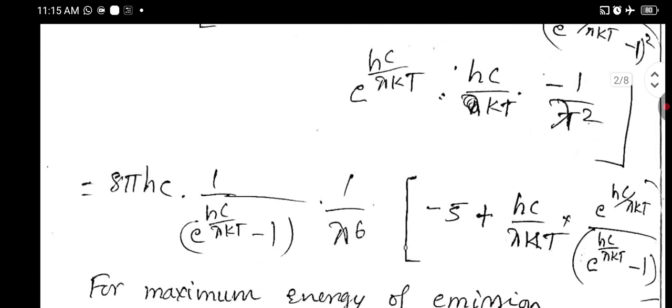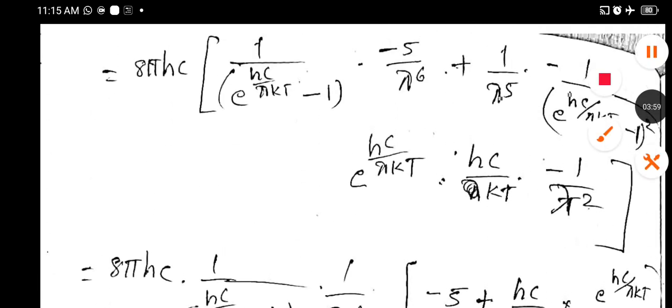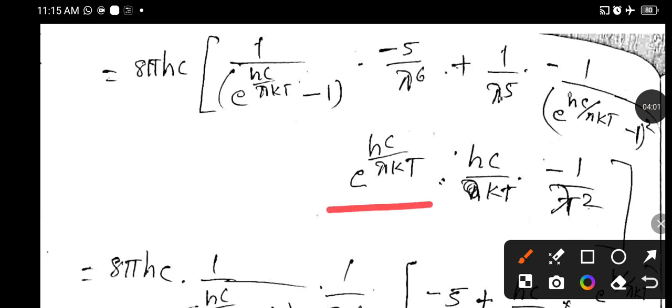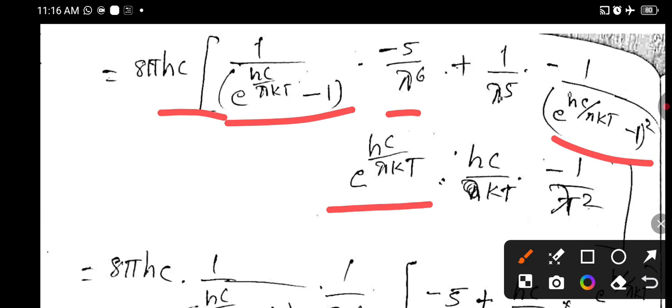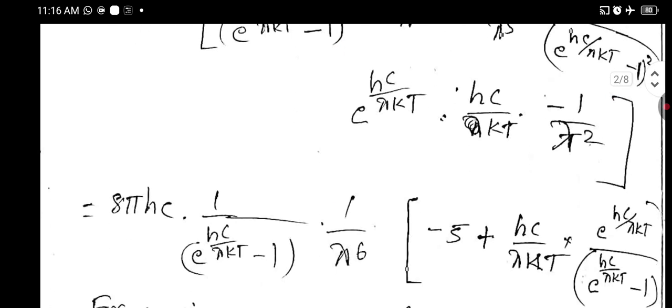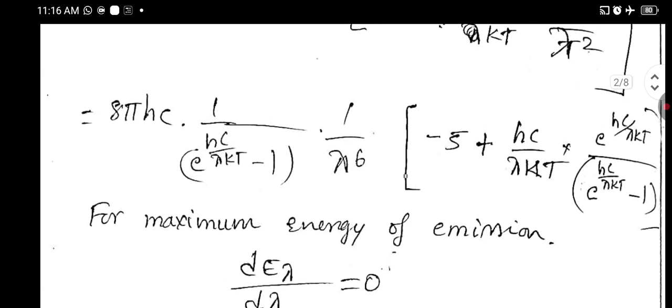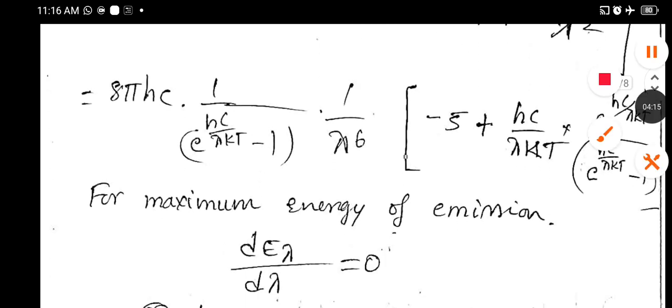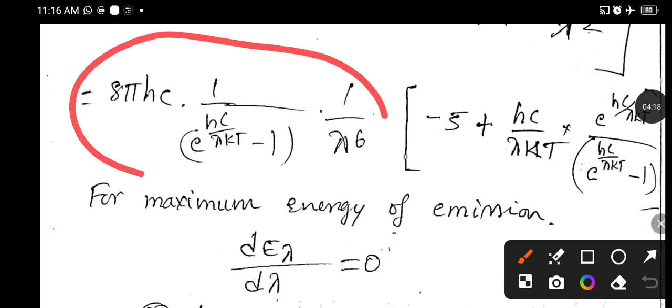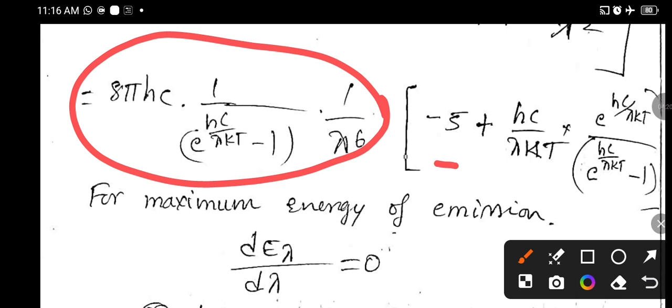After simplification, we can take hc of this term outside, and lambda^6 can also be taken outside, and the remaining term stays as shown.